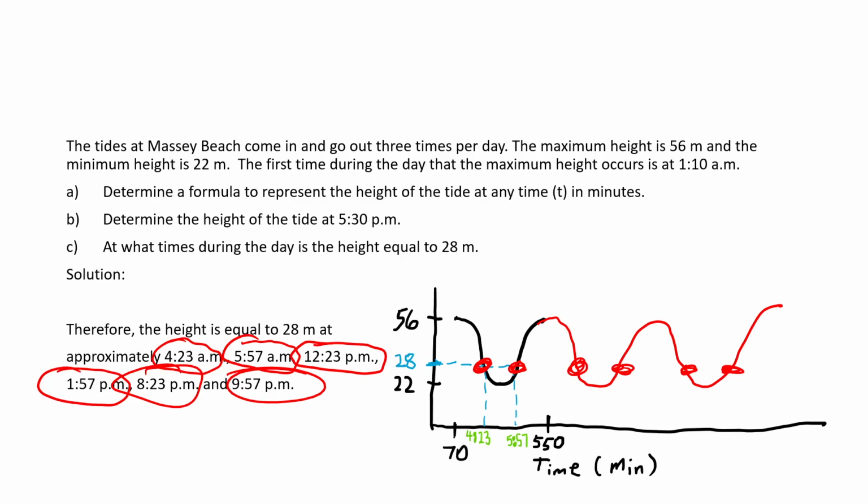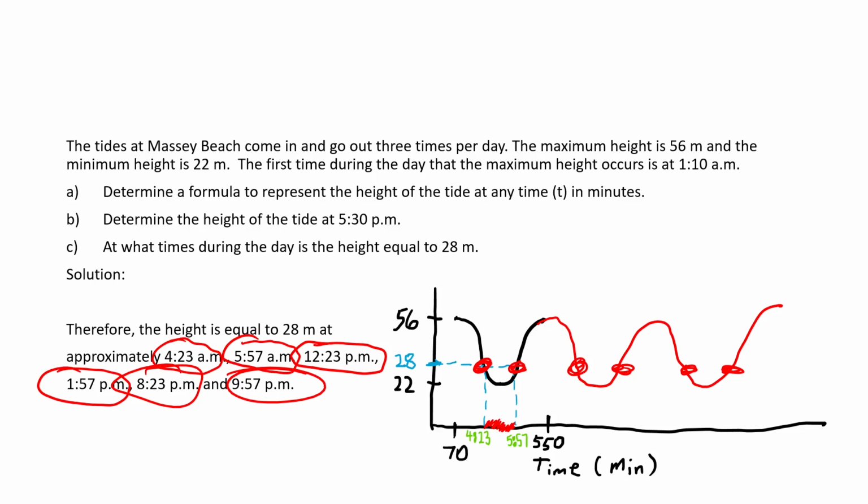Had the question said something like, for how long during each day is the tide below a height of 28 meters, then all we would really have to do is figure out how much time there is in between 4:23 and 5:57.